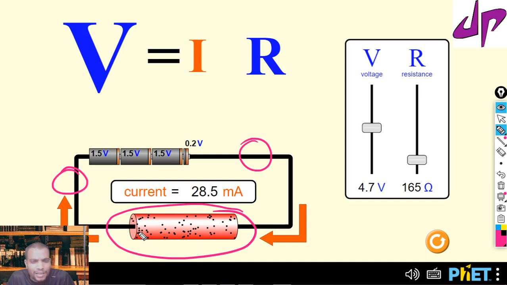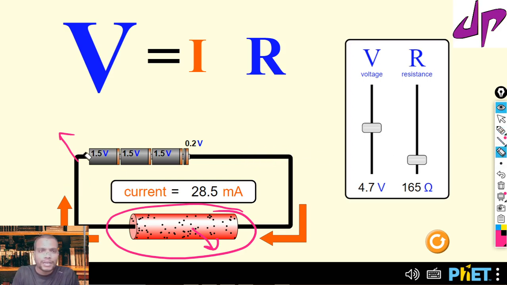Otherwise you can consider it like this: the material we have taken here is the conducting material we are going to study, and the black ones are just supporting connecting wires from the potential source to the conducting wire. So this is all about Ohm's law.